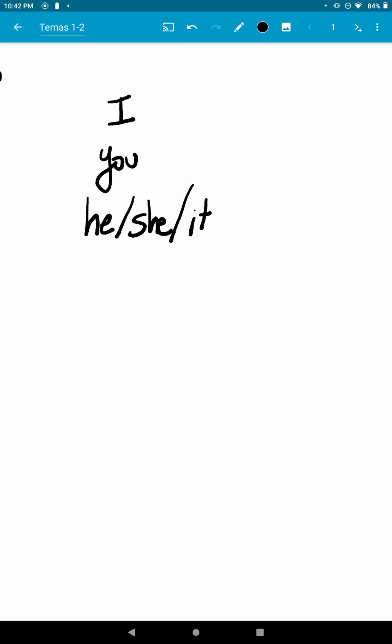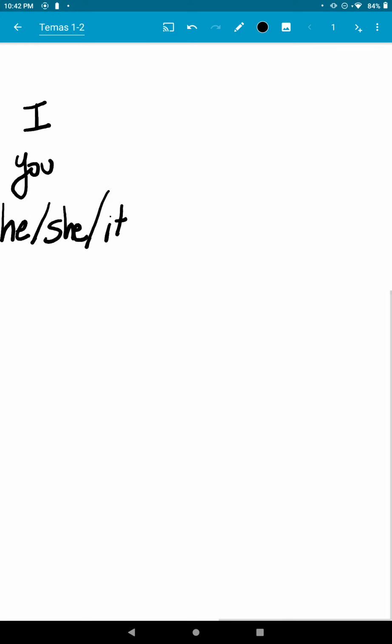So, the first thing that we need to kind of go over is the pronombres, pronouns. So, in English, we have these as I, you, he, she, it, we, and then like y'all and they.